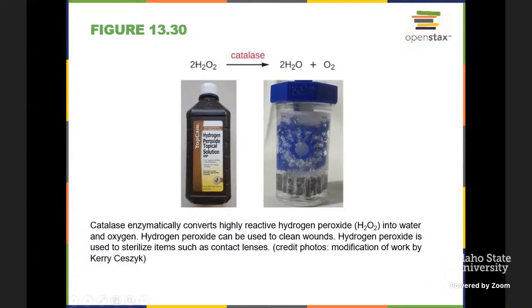So with this enzyme, they take the harsh substance of peroxide and chew it up and turn it into water. So we generate water and oxygen gas. That's the bubbles that you see. And you likely saw a slide with lots of bubbles happening on there.